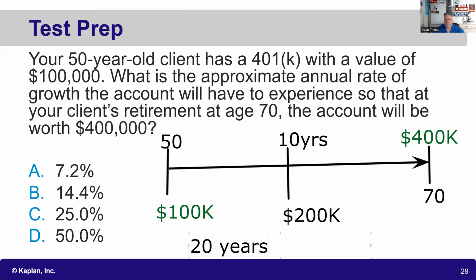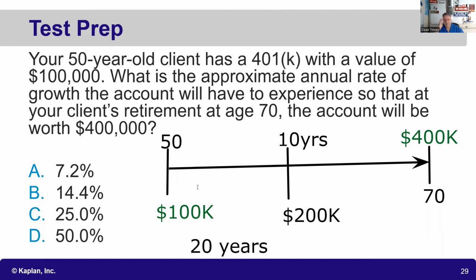Okay, so now the rule of 72 tells me how long it takes to double money, right? So now I'm in business. I need to double my $100,000 to $200,000, and then 200 to 400. When I divide that by the rule of 72, how long it takes to double my money, I come up with 7.2%.